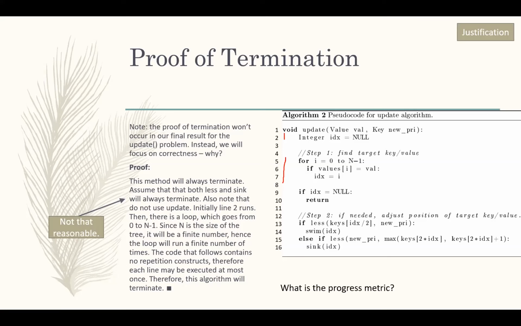I don't have as good a metric for progress as I did for the previous algorithm. There I had k. Right now instead I have to use lines of code, which is not the best, but it is what it is. So we can infer that this runs a fixed number of times, because the array has a fixed size. This runs exactly once. This over here either runs or it doesn't.